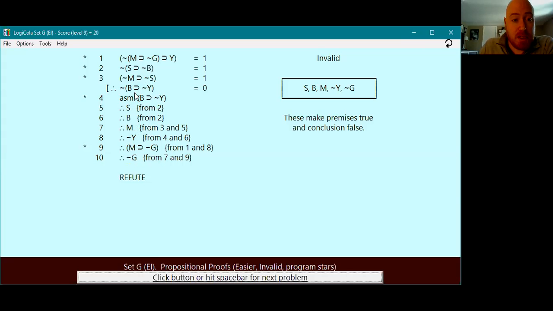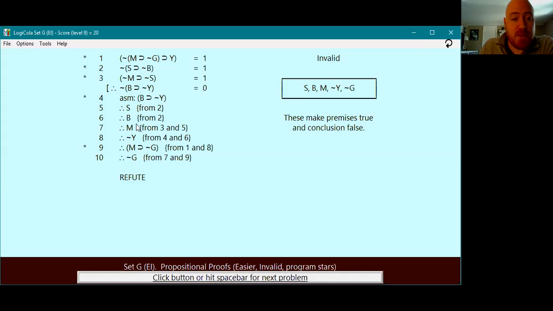So that makes this horseshoe true, which makes the tilde false. Okay, and that's represented by this assumption, right? So by making this assumption, by assuming the opposite of the conclusion, I cannot derive a contradiction, which means it's possible for the premises to be true and the conclusion to be false. That is how refutations work.